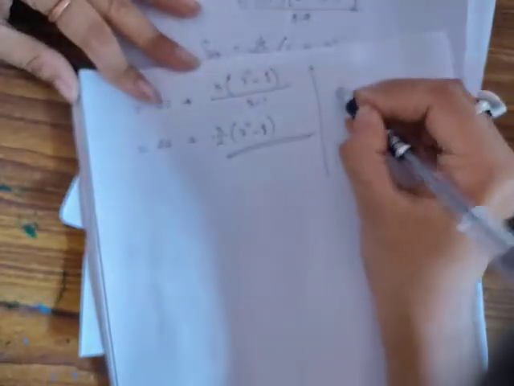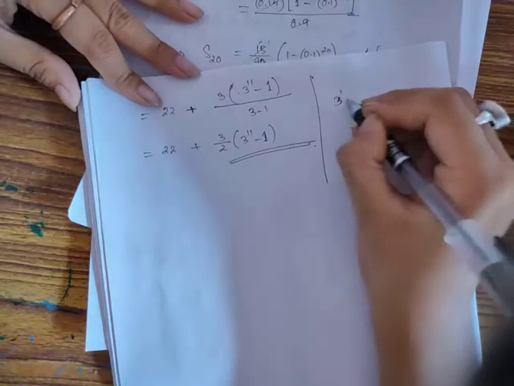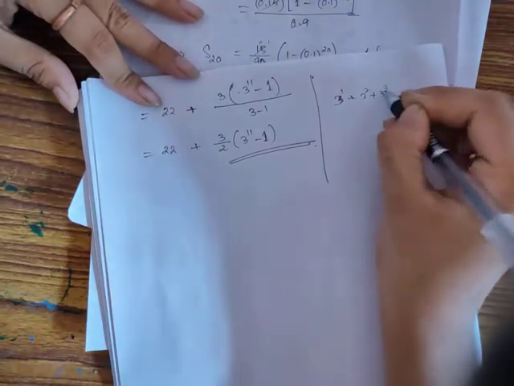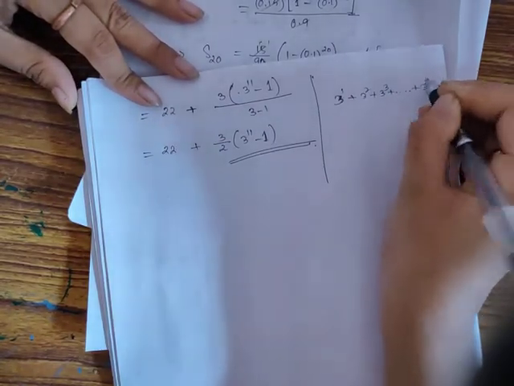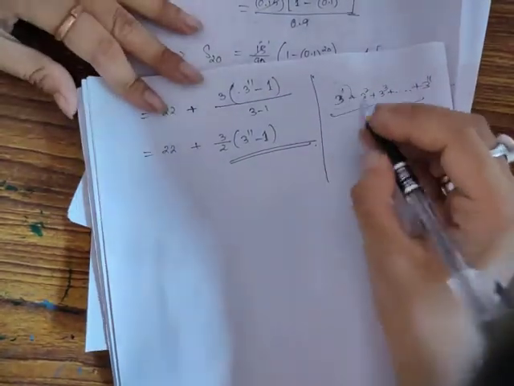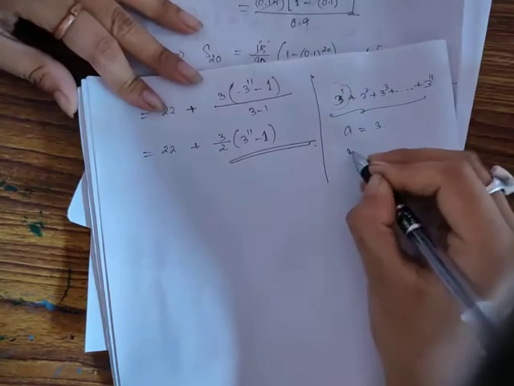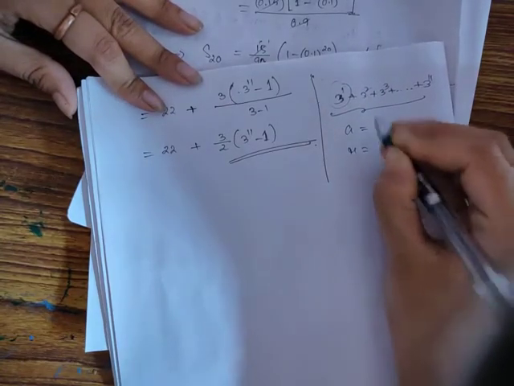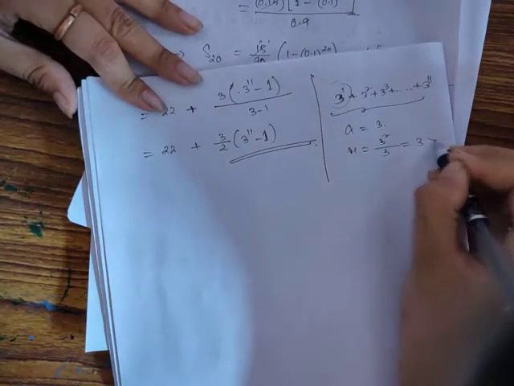So this is your required answer. Let me show you again: your GP series is 3, 3 square, 3 cube, going up to 3 to the power 11. The first term is a equal to 3, the common ratio is second term divided by first term, 3 square by 3 equal to 3, which is greater than 1.